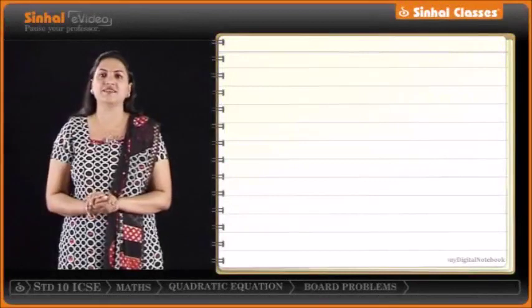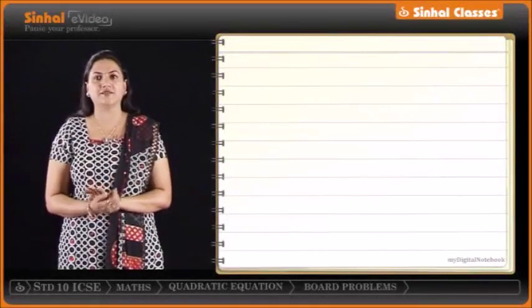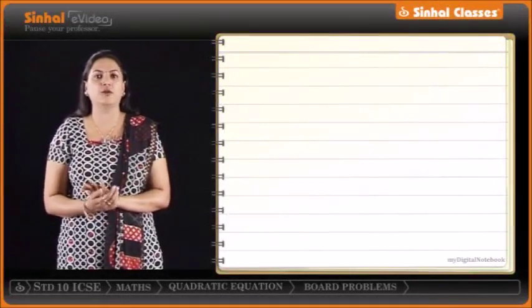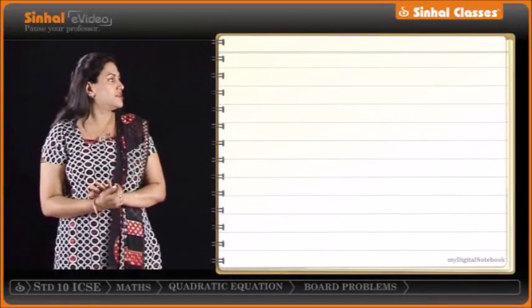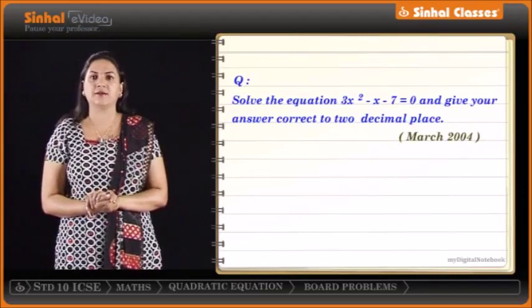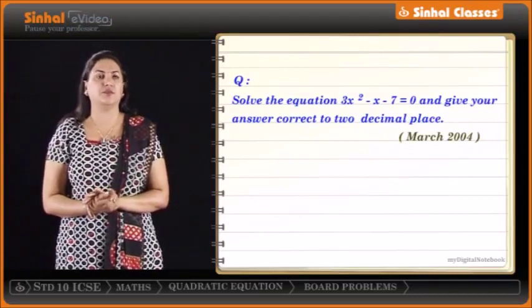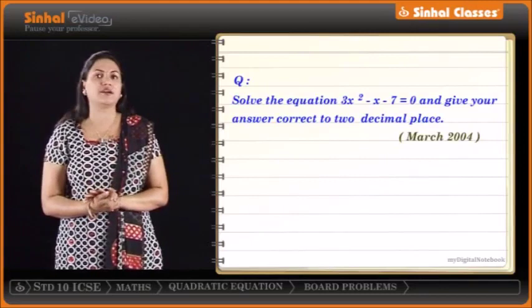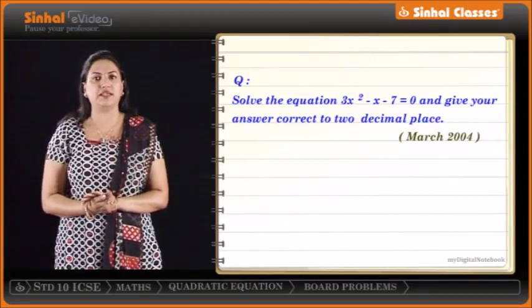Now let's solve some board problems. We start with the March 2004 board question, which is solve the equation 3x square minus x minus 7 is equal to 0. Write your answer correct to 2 decimal places.